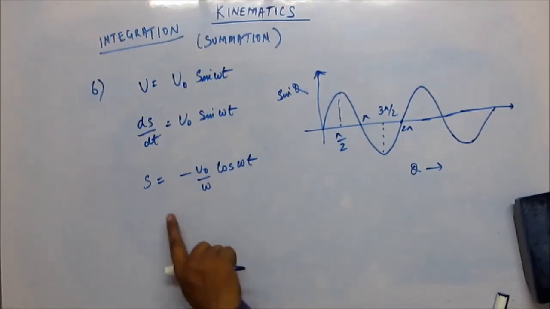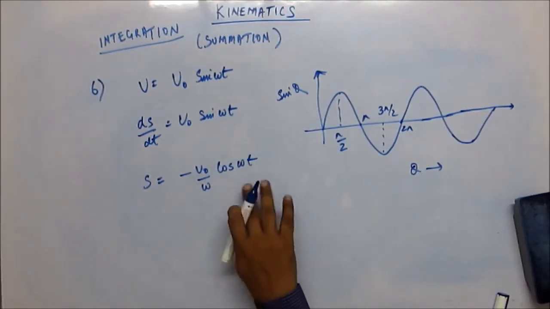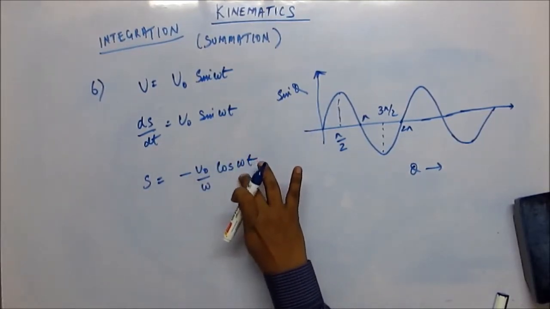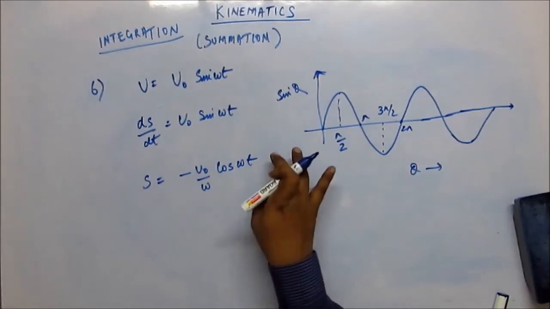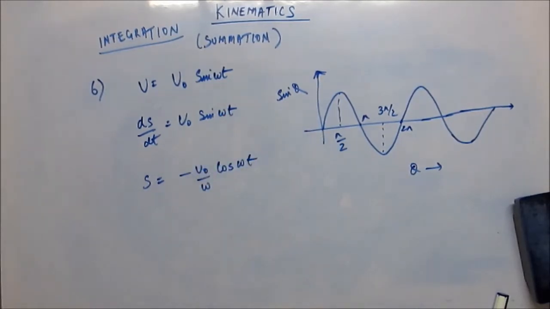Let's cross check. If we differentiate this, we should get this. Differentiation of cos is minus sine, so minus minus goes plus, you get a sine, and then also the differentiation of omega t, which is omega. Omega gets cancelled. So we have done it properly.